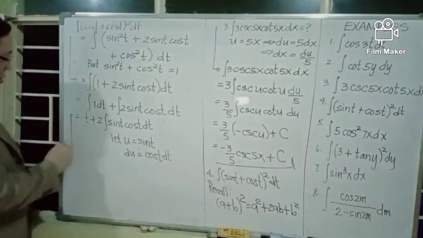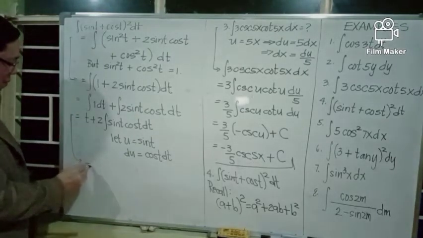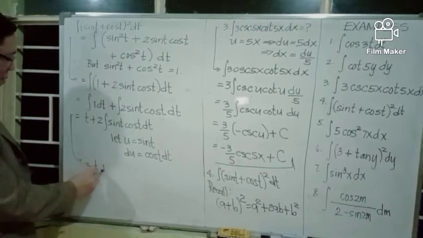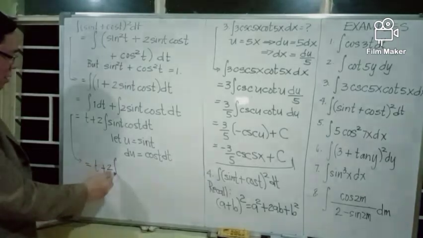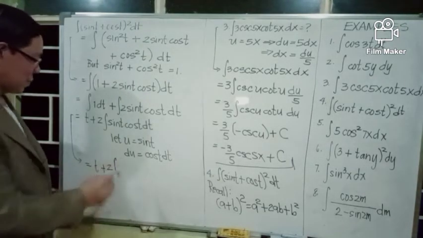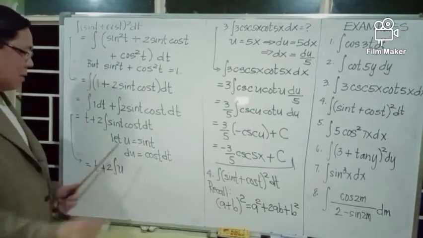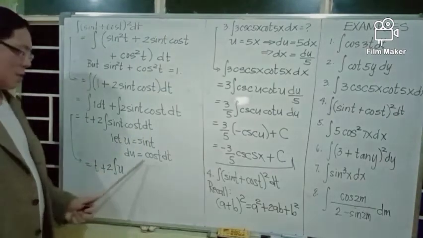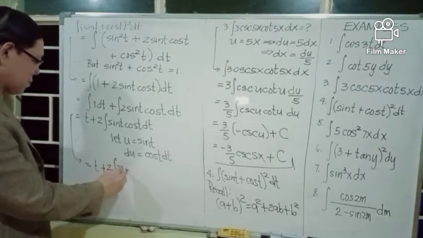Hence, this is now equal to t plus 2 times the integral of u du.